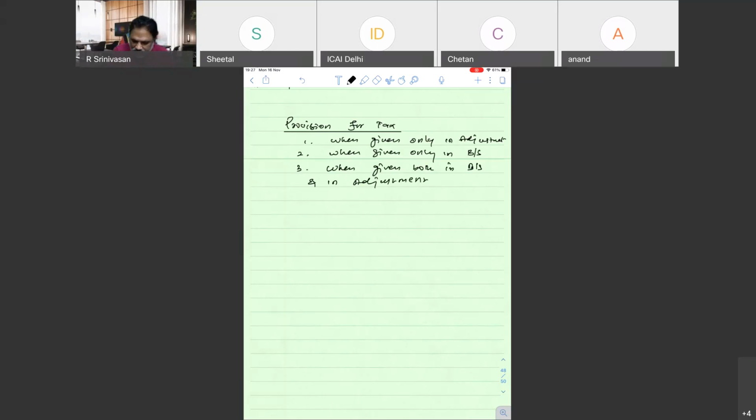In the first case, the same amount will be considered as paid as well as provided. So both things will be added in the income.